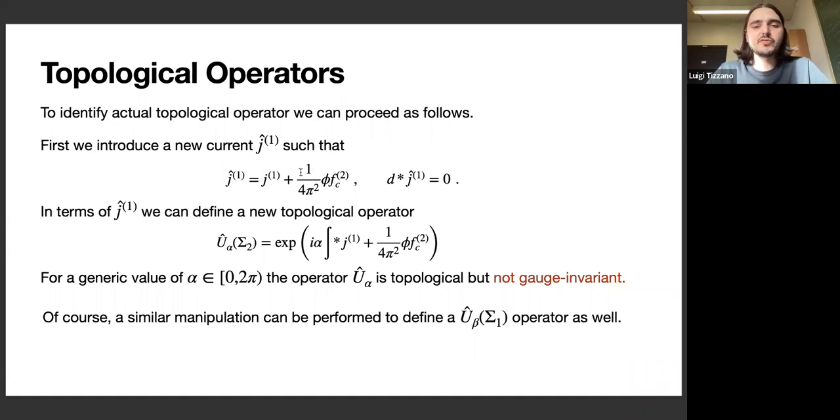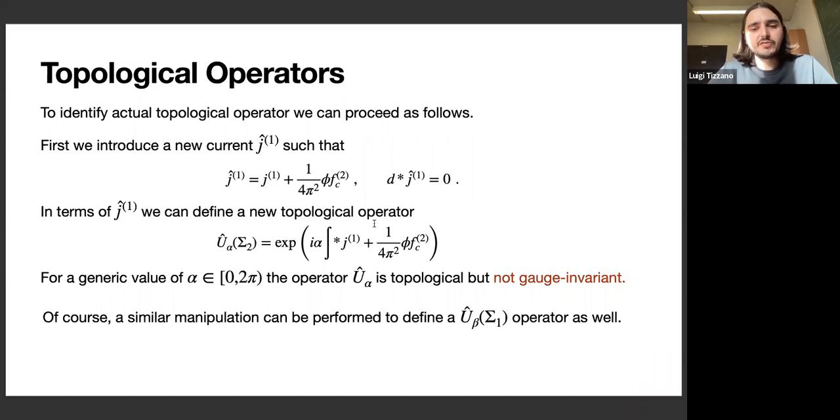In such a way, we formally obtain an equation that is manifestly conserved because we just canceled the piece that was problematic. And then if we were to use as a new definition of topological operator an operator that depends on the hatted current, we will see automatically that this is a topological operator. And this would be an improvement.